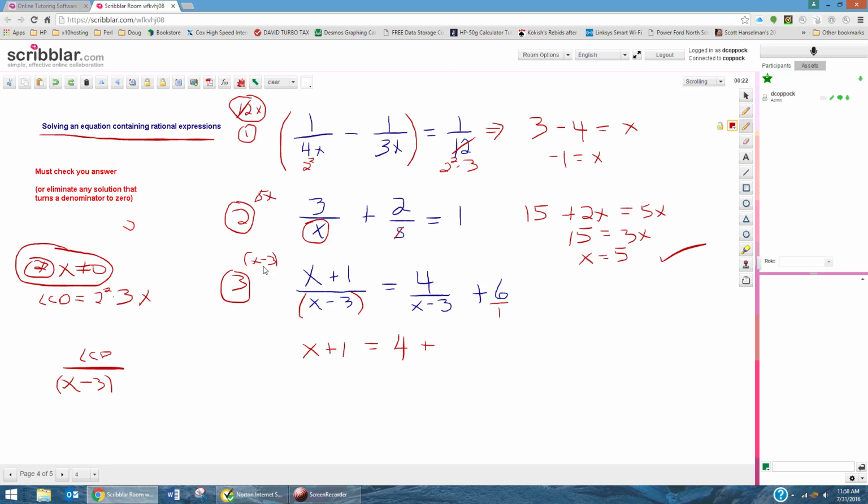Finally, when I take x minus 3 times 6, nothing cancels out, so I just get 6 times the quantity x minus 3. Oh, by the way, I forgot to mention, I don't accept an answer of 3, because if I put 3 in for x, these denominators turn to 0. So 3 is not an acceptable answer.